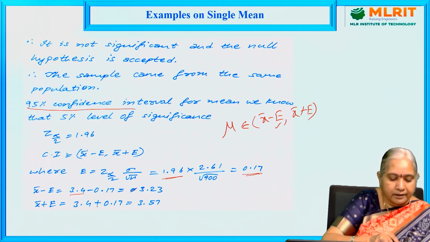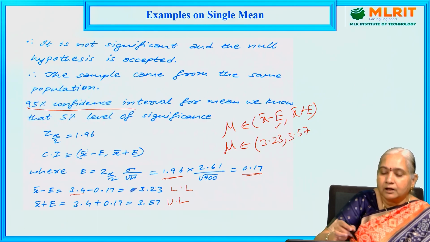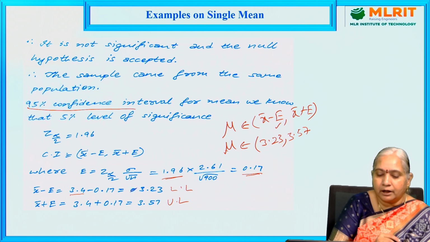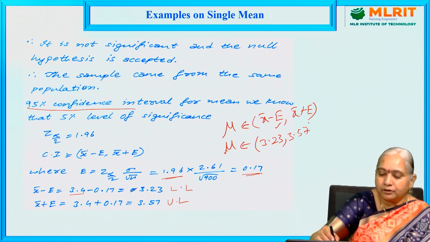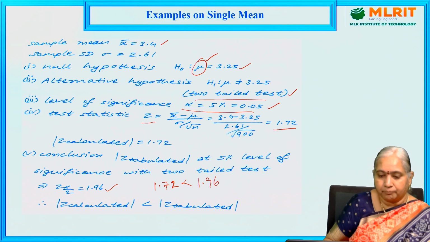So add and subtract. Then this is the lower limit and this is the upper limit. So mu belongs to 3.23 and 3.57, so greater than 3.23 and less than 3.57. This is the interval estimation about the population mean.